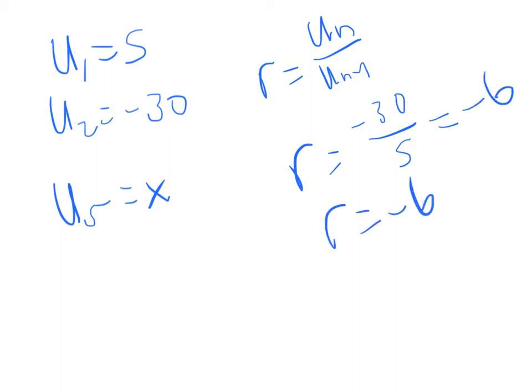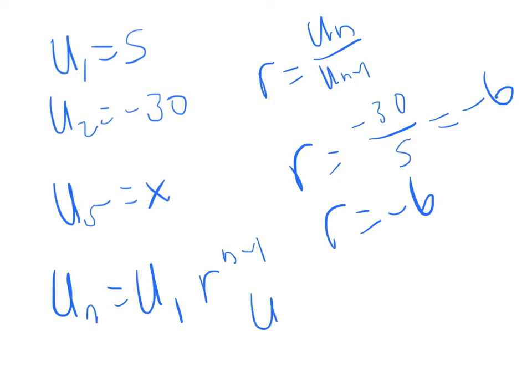And you can test it out. What is negative 6 times 5? It's negative 30, so it works. So r on this problem is -6. We know that u of 1 is 5. If you remember our formula from before, u of n always equals u of 1 times the rate to the n minus 1. Well, we're trying to find the fifth term.